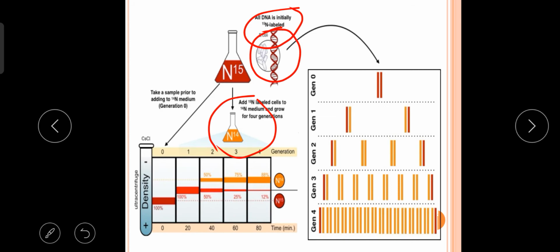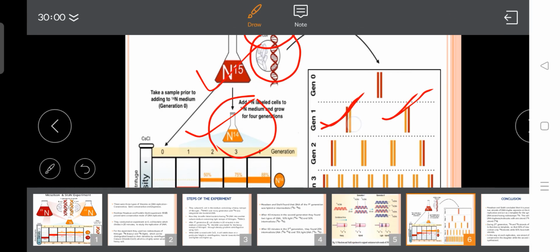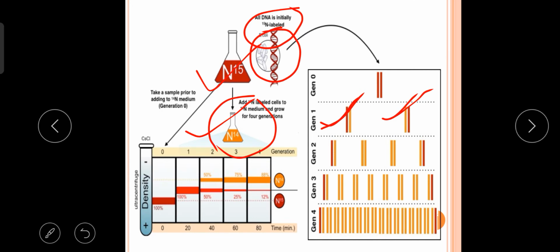Okay, so now when they transfer the DNA from the nitrogen 15 to nitrogen 14, they observed in the first generation that the products are hybrid. The products are hybrid means 50% strand contains new and 50% strand is made up of nitrogen 15.